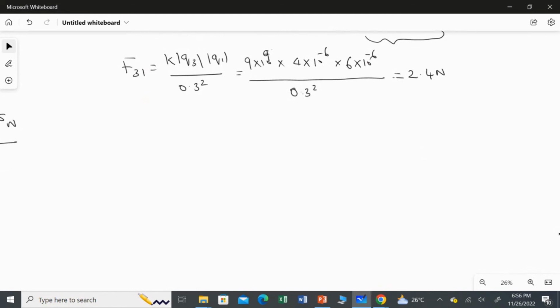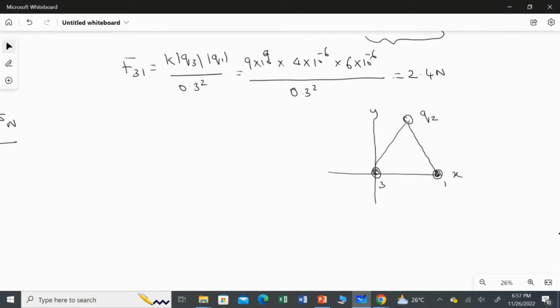We have the 3 charges. This is charge 3. This one is charge 1, and we have another charge 2, right? It exactly looks like an equilateral triangle, am I right? And we show the x-axis and y-axis here.